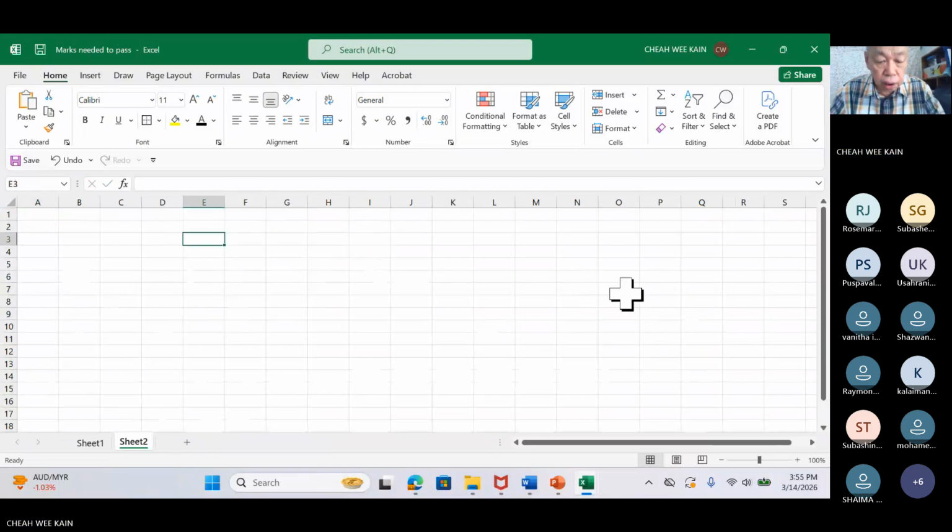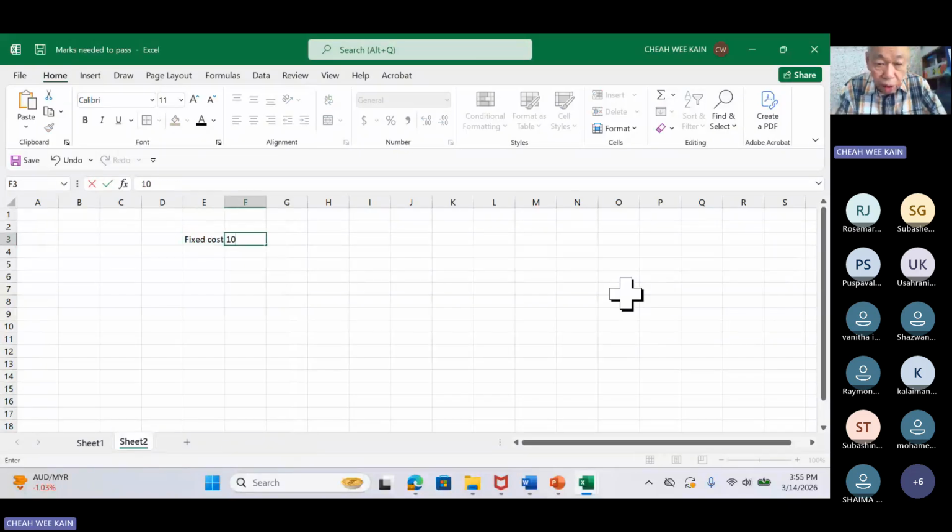Okay. So let's say, for example, this is your fixed cost. Every month you must pay 100. And this is your variable cost.